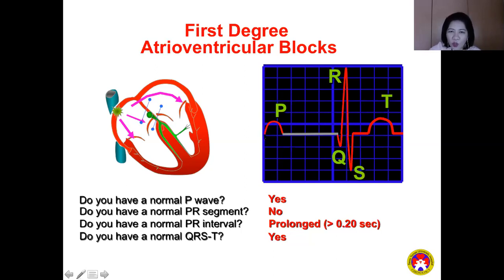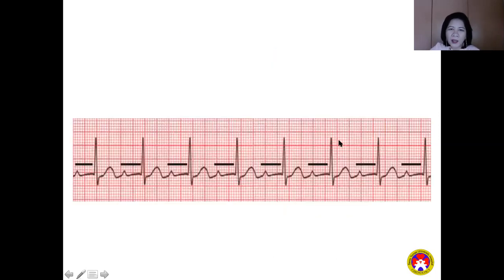So if you measure from the P to just before the QRS, you call that the PR interval, then the PR interval will be prolonged. And what is the normal PR interval? It is supposed to be from 0.12 to 0.20 seconds. So if the PR interval is more than 0.20 seconds, but it is eventually followed by a QRST complex, then that is a first degree AV block, like this one.